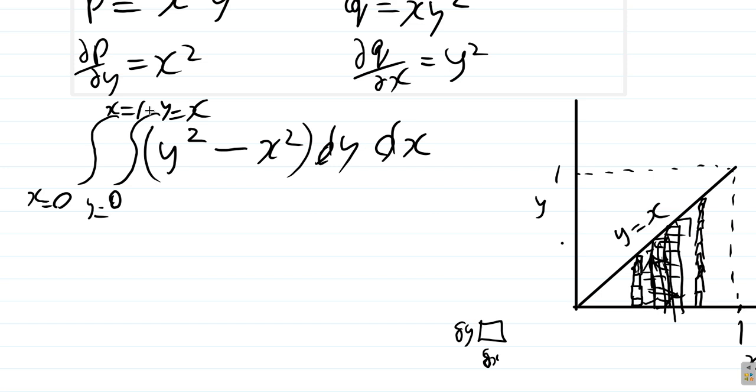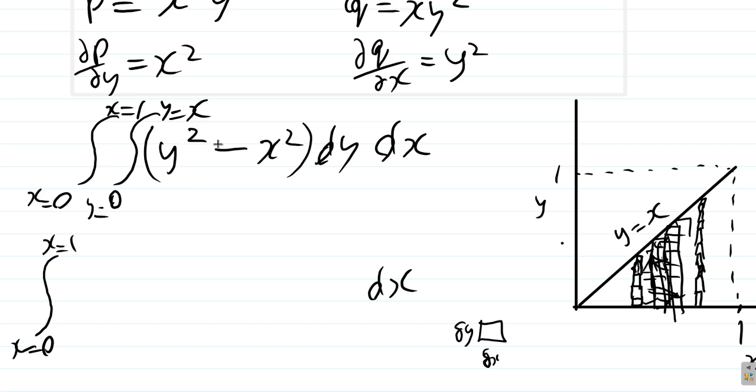Now, we have the first integration that we'll do, the inner integration. So we wait on the x part, the integral from x equals 0 to x equals 1 of something dx. Let's do the inside integration first.